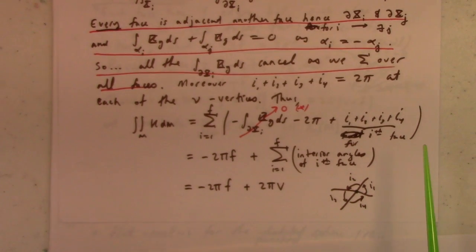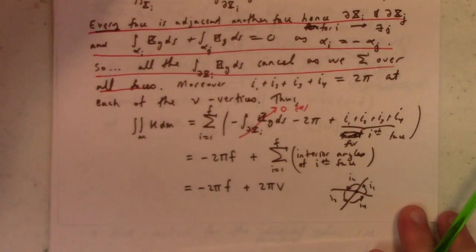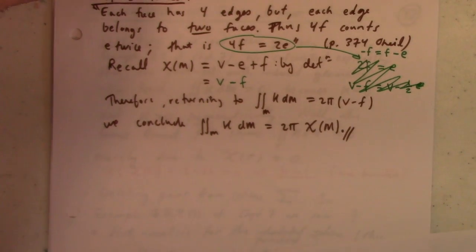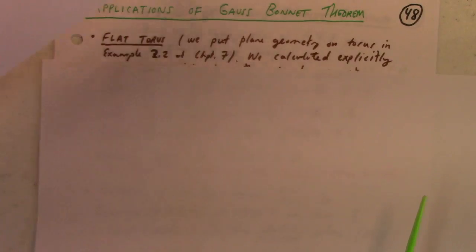So it seems like you get 2 pi of interior angles for each face. But 2 pi v? Man, I am sorry, I don't see that. That's just me, though. I'm sure there's some obvious reason.